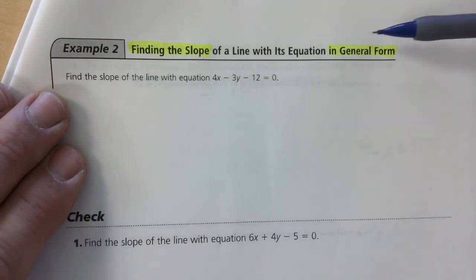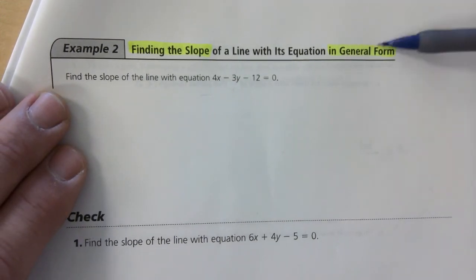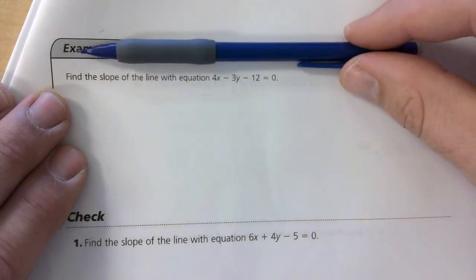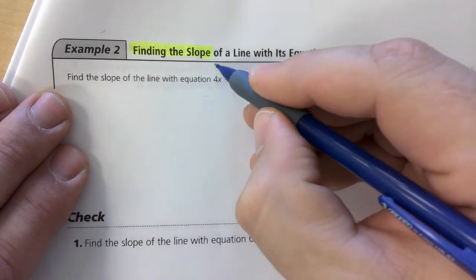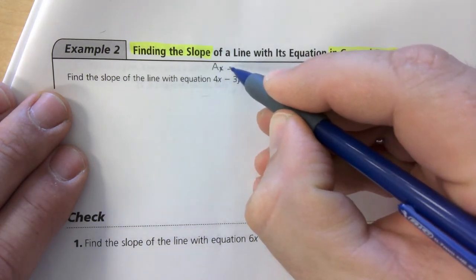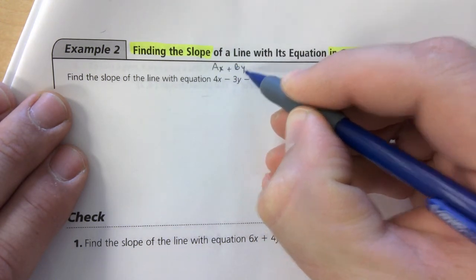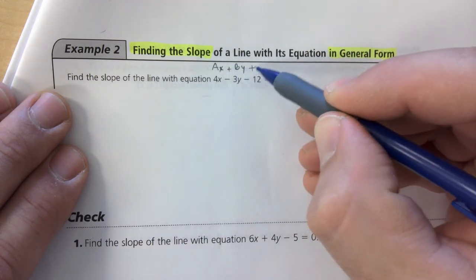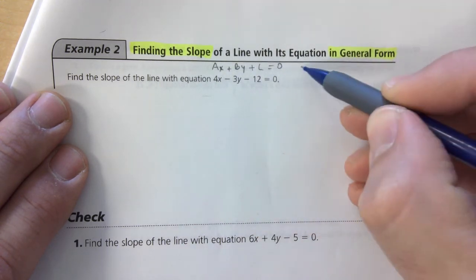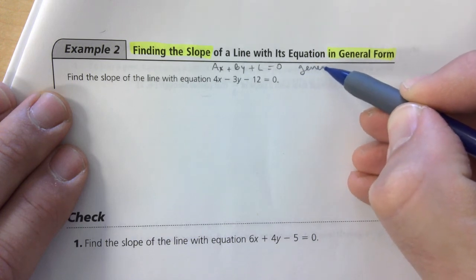Let's imagine we didn't just read this title. This shows up on a test: find the slope of the equation. You're like, I don't know. Well, you need to always go back and say, what form are we in to begin with? This is ax plus by. Don't worry about the -3, that's in general what it looks like, plus c is equal to 0. So general form.